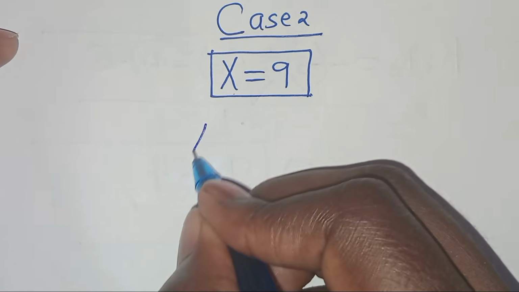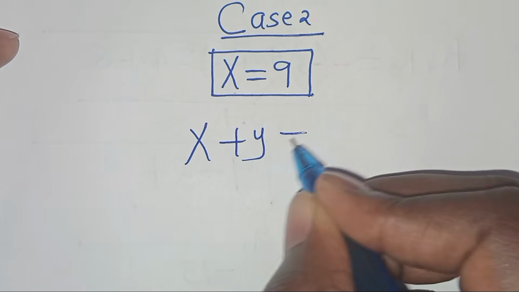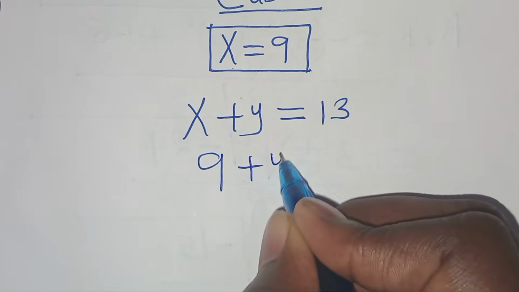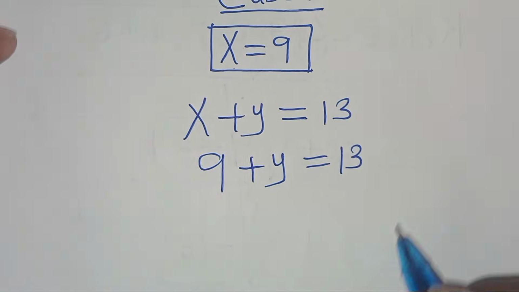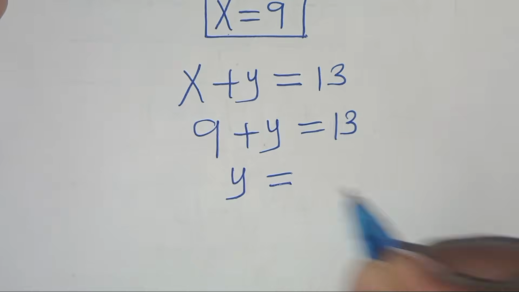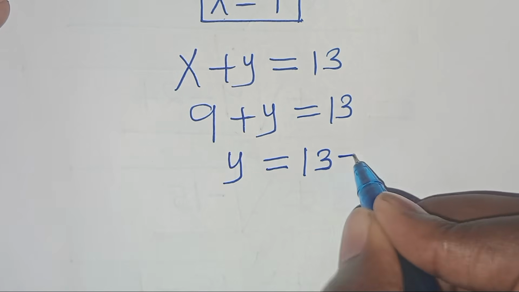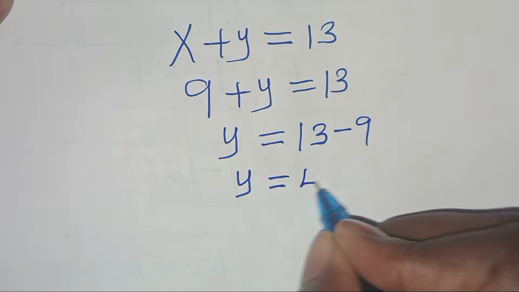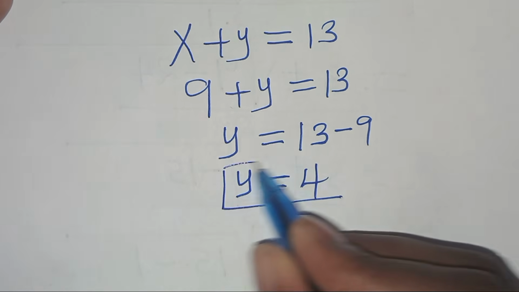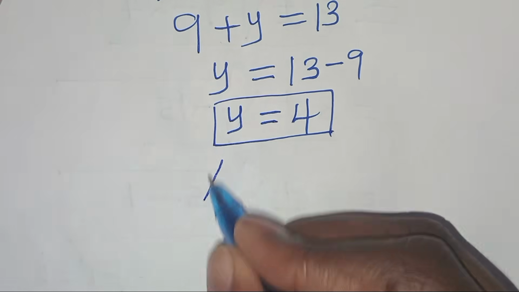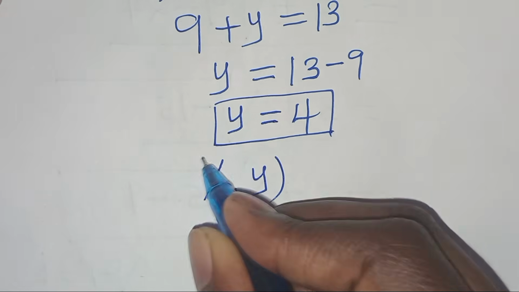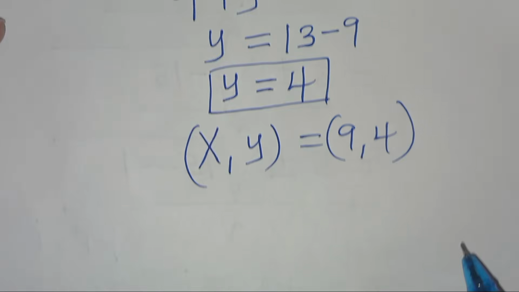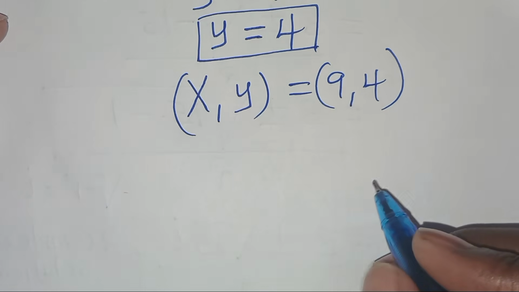So we can solve for the corresponding value of y. x plus y is equal to 13, so 9 plus y is equal to 13, so y is equal to 13 minus 9, and this means that y is equal to 4. So we have the second solution for x and y, equal to 9, 4. So we have two sets of solutions here.